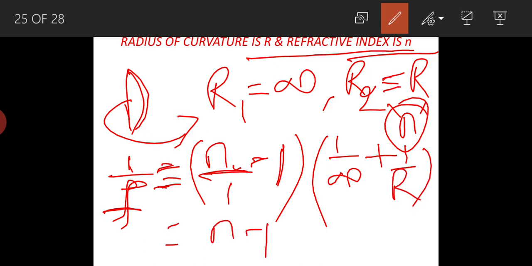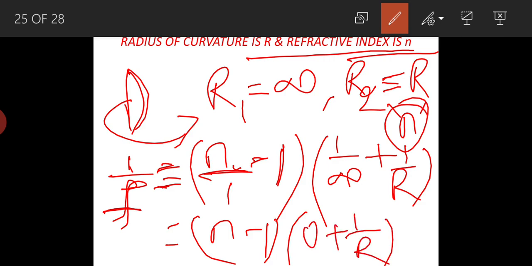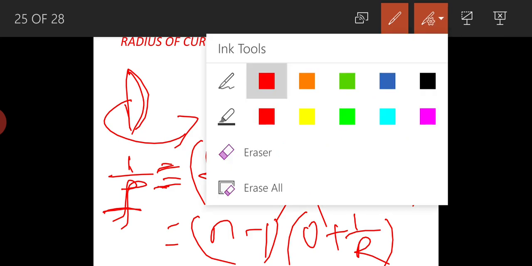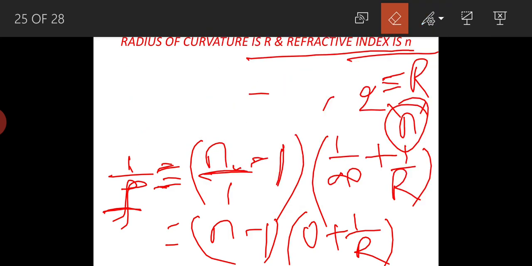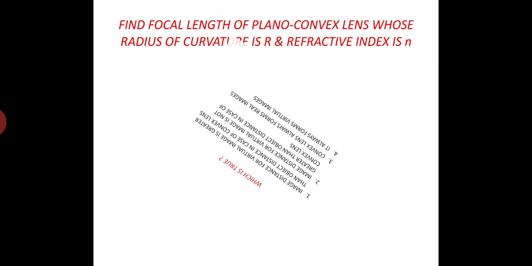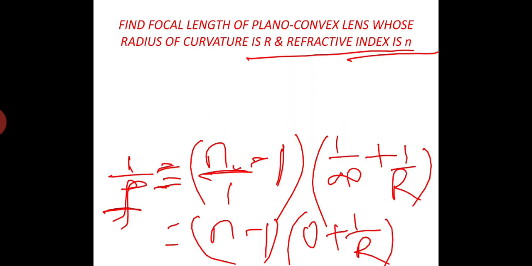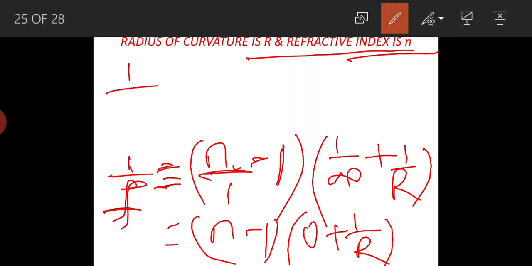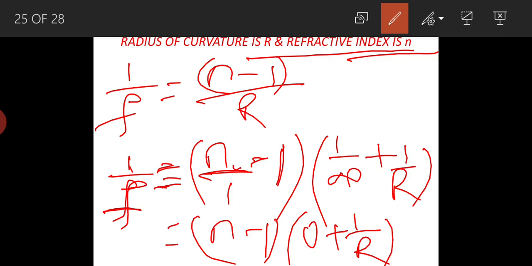So this is n minus 1 into 1 by infinity is 0 plus 1 by r. So 1 by f is equal to n minus 1 into 0 plus 1 by r. So 1 by f is equal to n minus 1 by r, whereas f is equal to r by n minus 1.